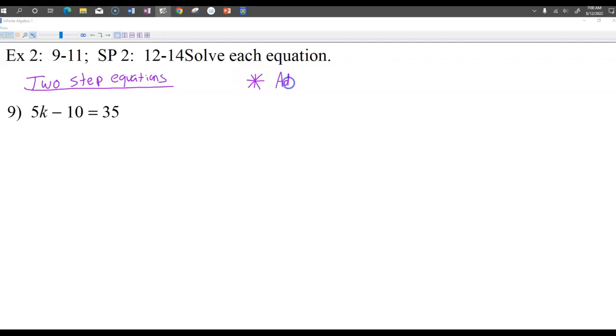Addition or subtraction will come before multiplication or division.